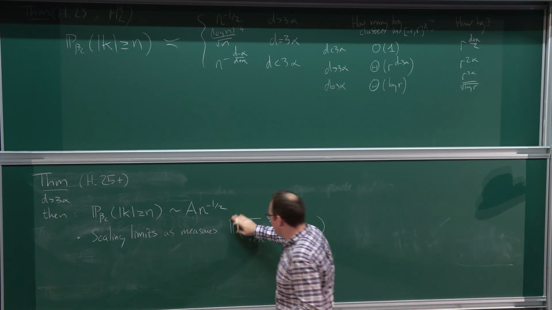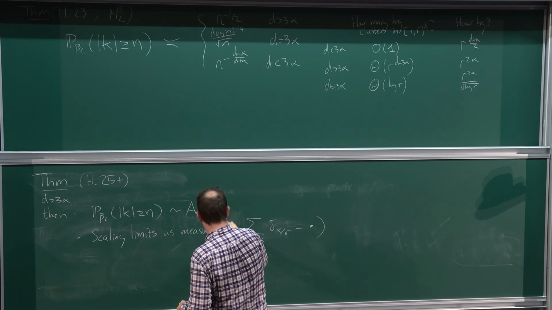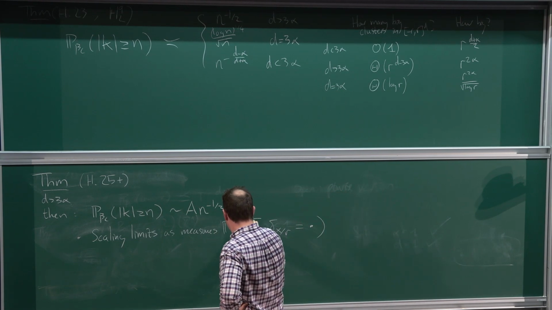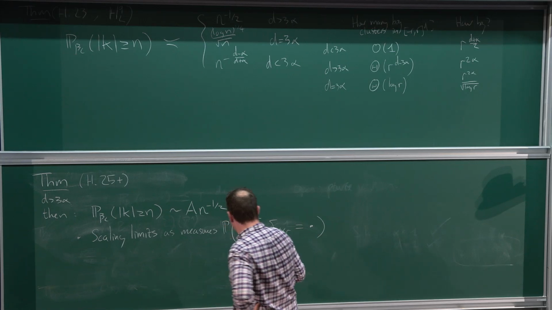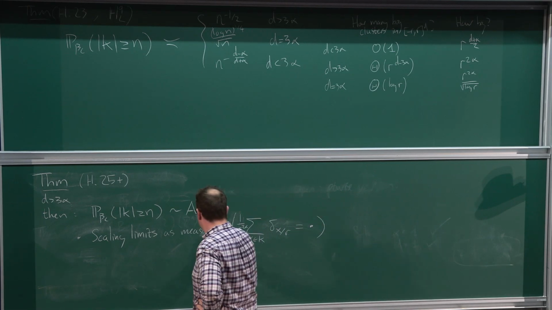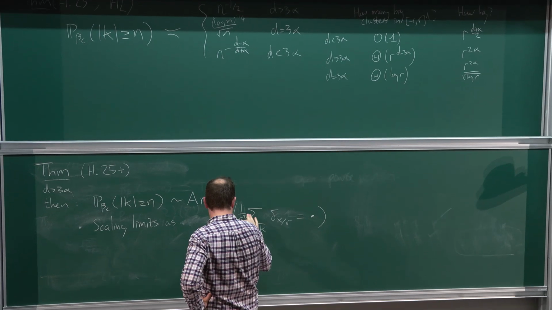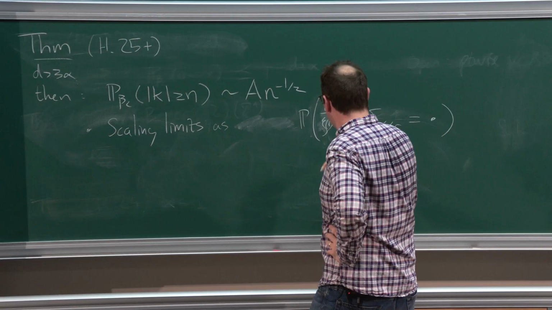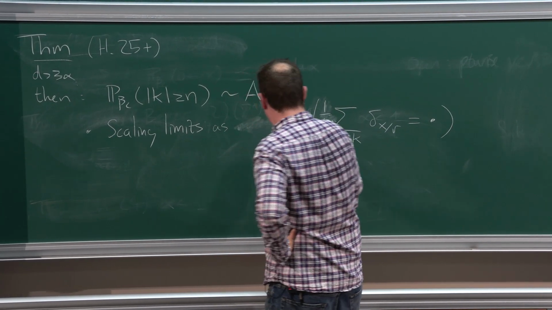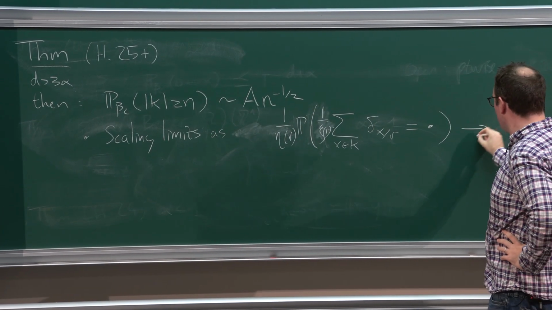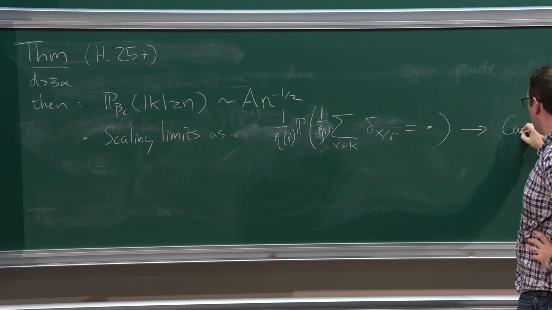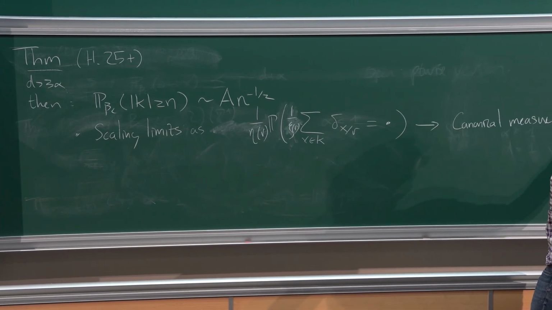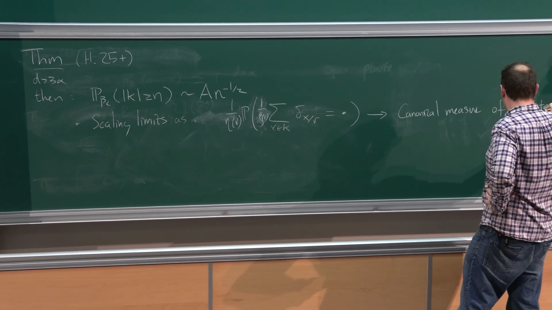I'm sorry, I need to include some scaling factor here. This is 1 over r to the 2 alpha. Wait, hang on, sorry. Let me just say there's some scaling factor I can put here, and some factor I can scale the probability by, so that this converges to what's called the canonical measure of integrated superprocess excursion.